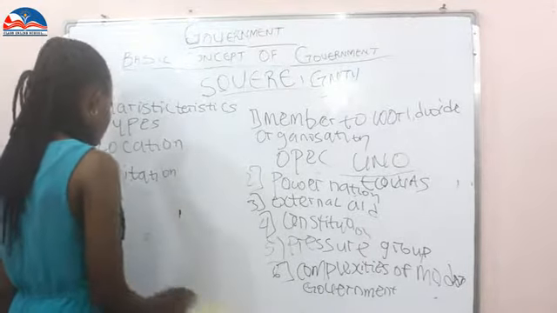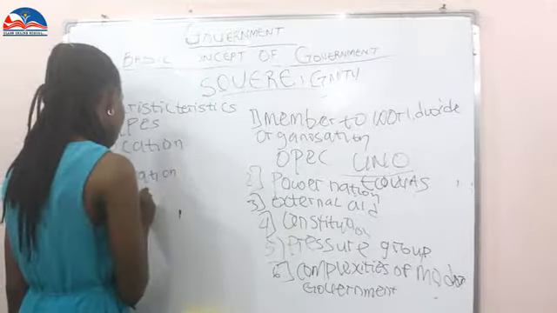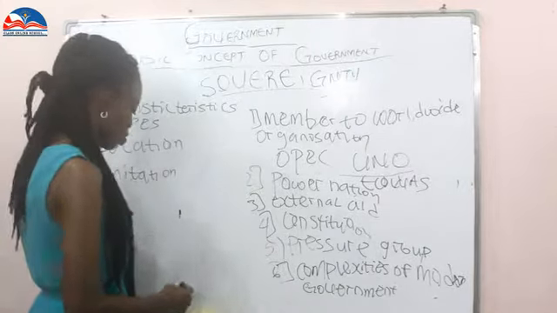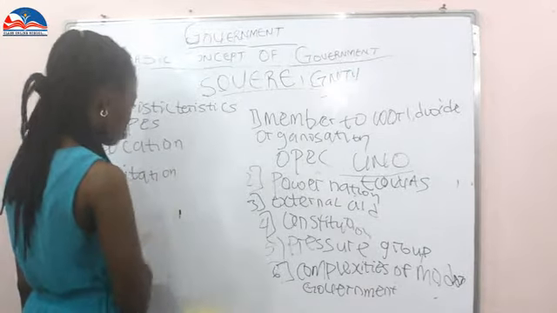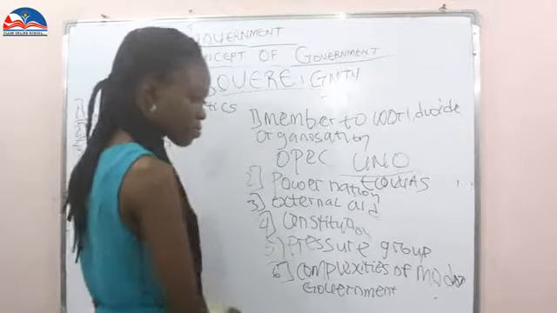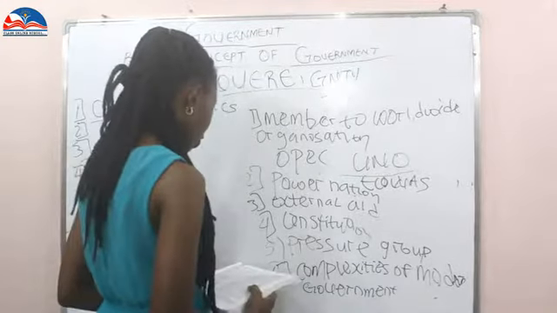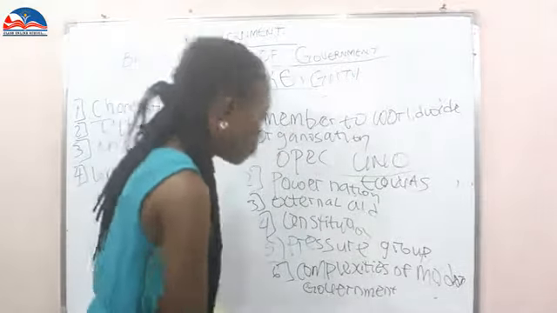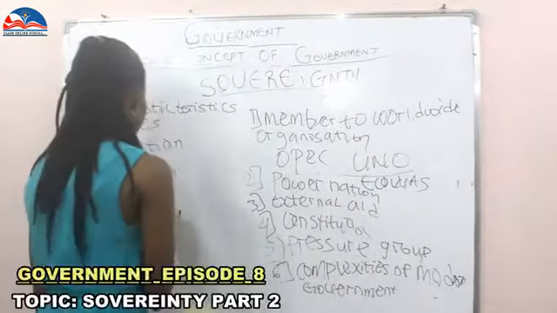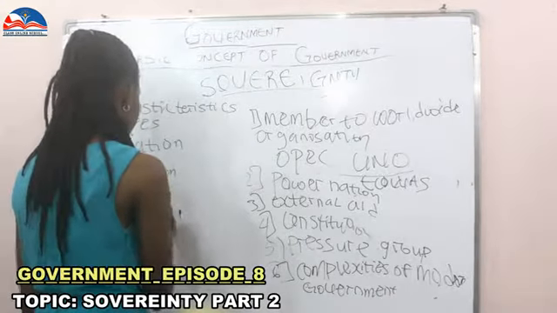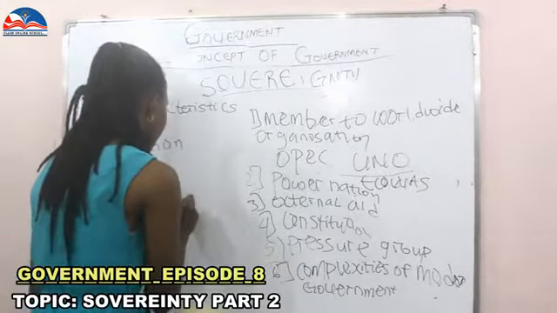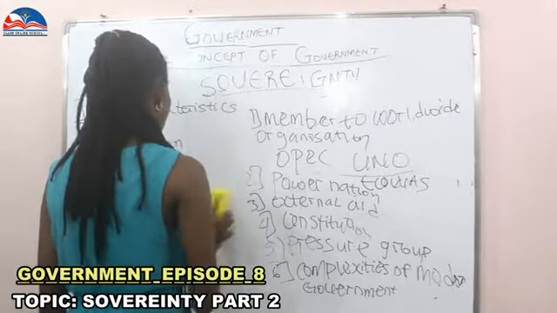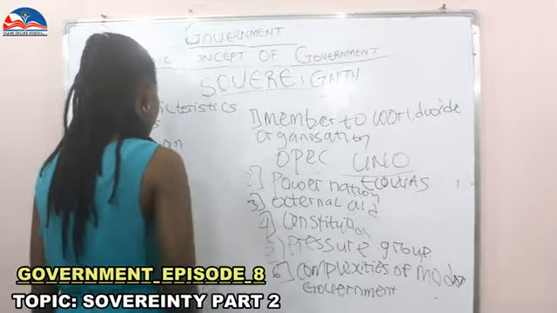Custom and tradition, which have to be put into place. This custom and tradition of people impose serious limitations on the government, because they have to abide by it to avoid sanction or complaint from the general public.